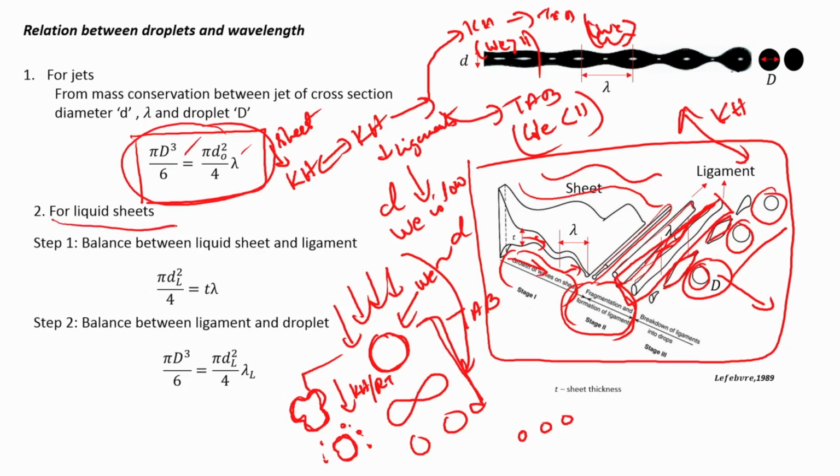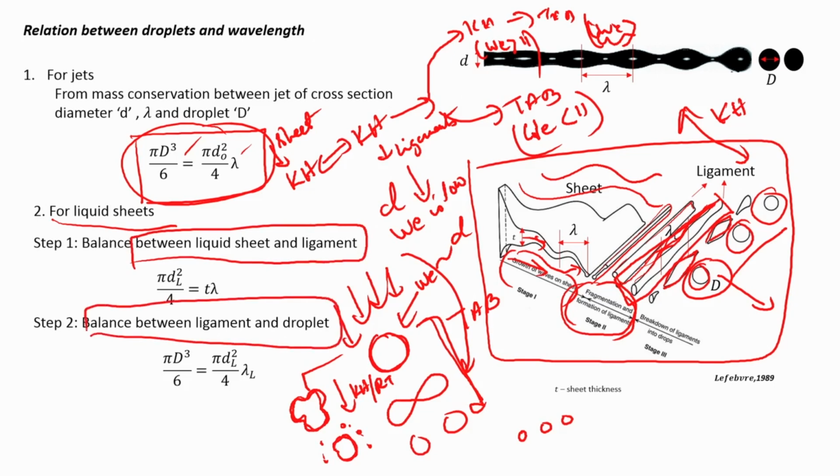For liquid sheets, you first balance between the liquid sheet and the ligament, and then you balance between the ligament and the droplet. The liquid sheet is like a sheet, so it is given by pi d_l squared into this, actually this is given by T into the corresponding lambda, and then you correspondingly get a ligament. Ligament is like a cylinder. So, you can get it from the ligament, that particular thing.